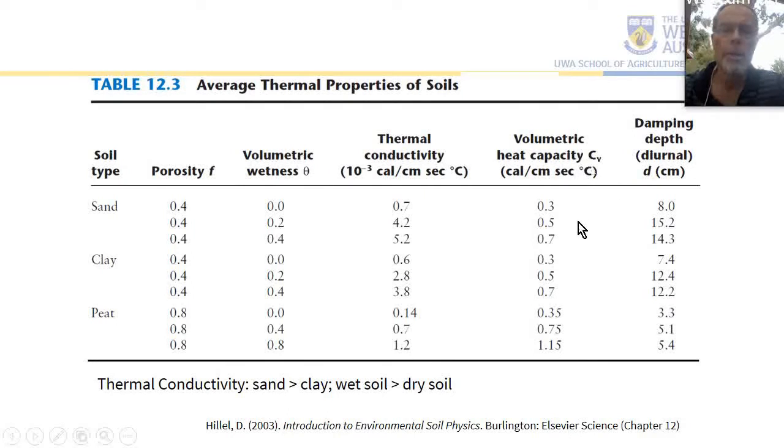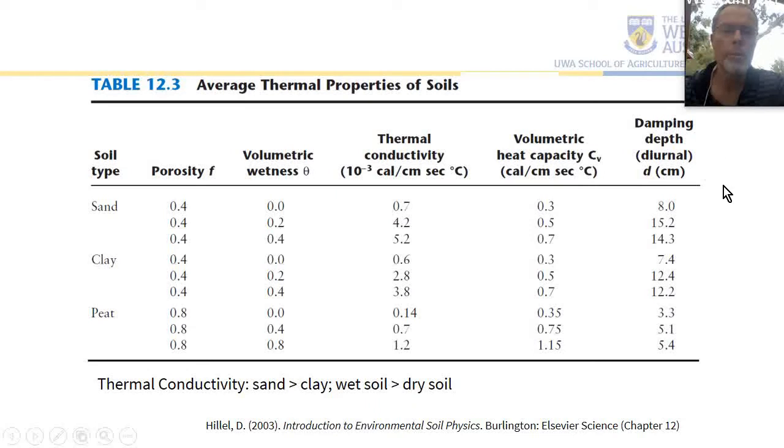Heat capacity, how much the soil can store in terms of heat, also depends a little bit on water content, not so much on texture, you'll notice, and quite a bit on the type of material. So the difference between mineral soils and organic soils is larger than the basically absent difference between the 2 mineral soils.